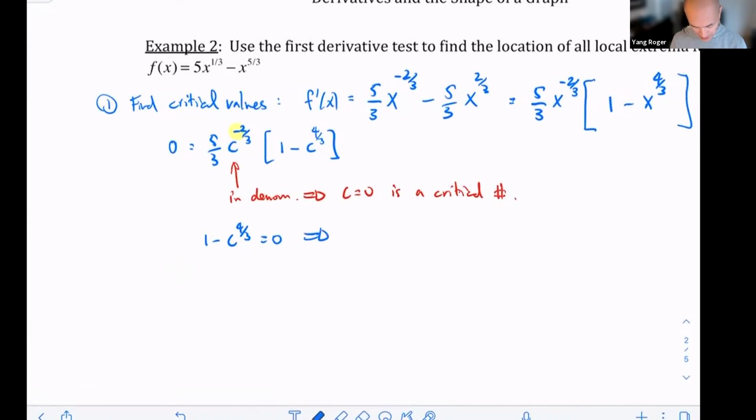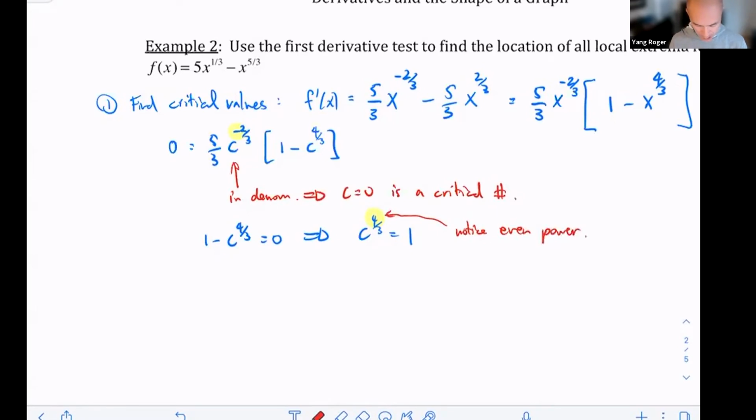That's the same thing as saying c to the 4/3 is equal to 1. And what I want to bring to your attention is that we have this even power here. Notice the even power.